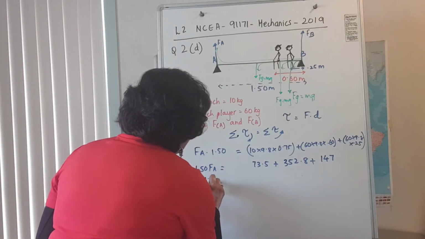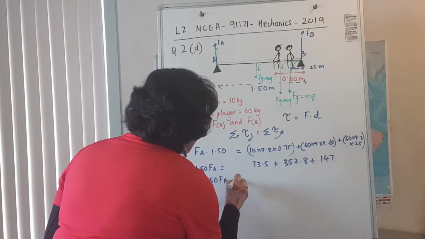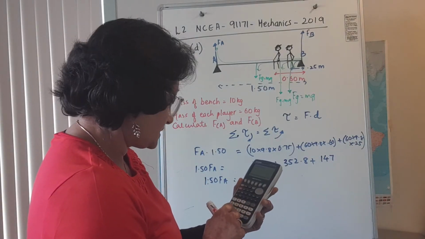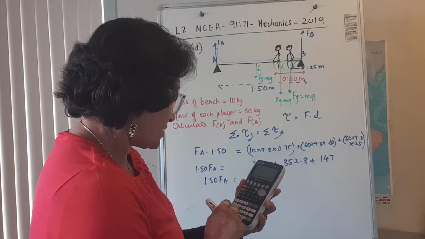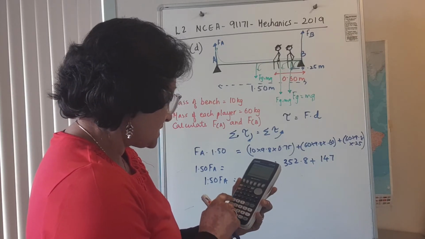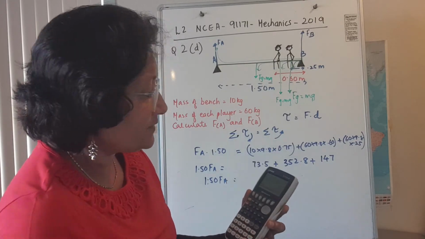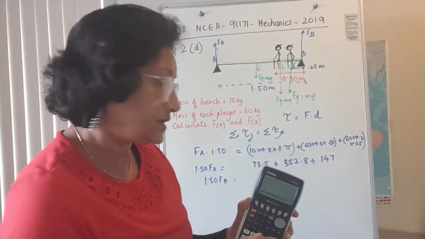So I get 1.50 times Fa equals 147 plus 352.8 plus 73.5, and I get 573.3.